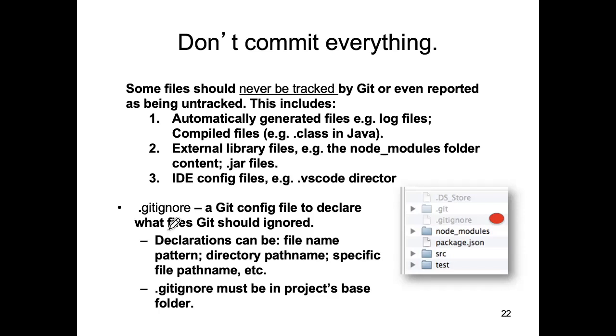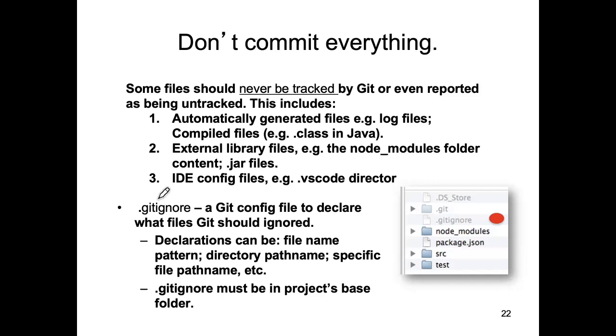It's only the manually created files that we want to commit to a repository, because they're the ones that are being edited. And the way you tell Git which files and folders it should ignore is through this special .gitignore file, which you create in the base folder.